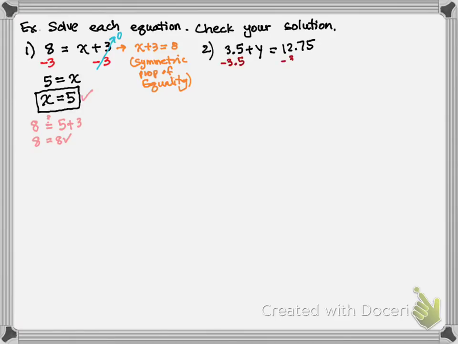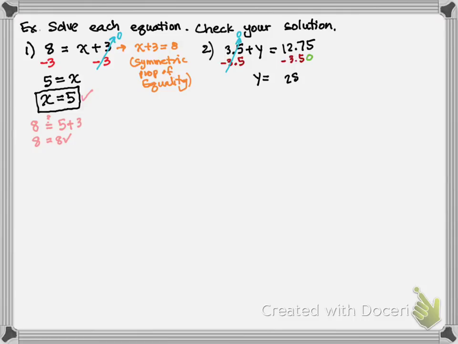So remember, we're going to line up decimal points. We're going to also annex a 0 so that both numbers are the same length. When we add opposites, we get 0. So that's going to leave me y equals, and then we're going to subtract over here. So 5 take away 0 is 5.